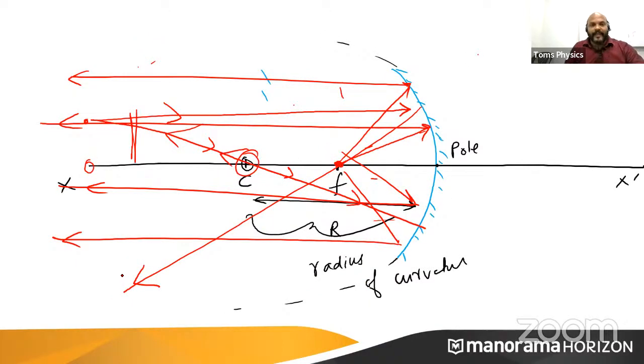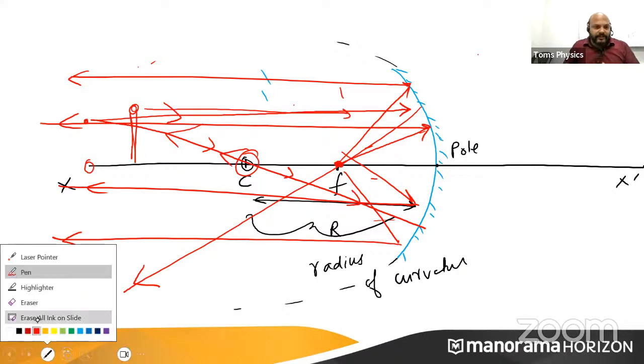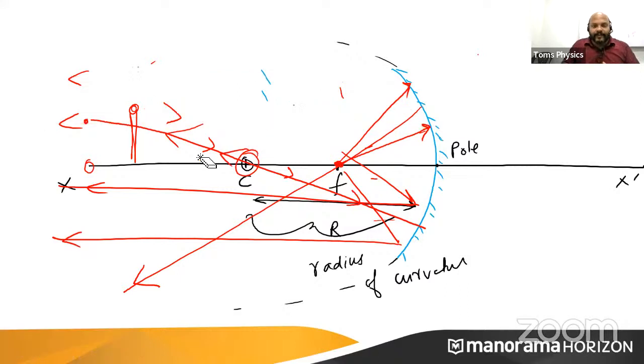Now, you can ask, but sir, earlier also we were at infinity, that was also beyond C. What is the difference between these two? The difference is, if you take a point on this object now, the rays will no longer be parallel. Let me just clear this up, otherwise nothing is visible.